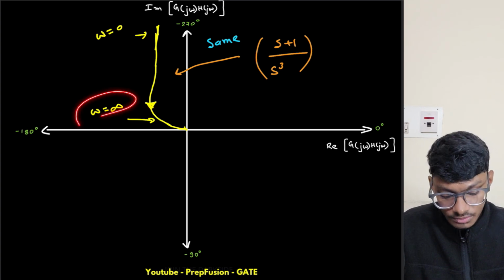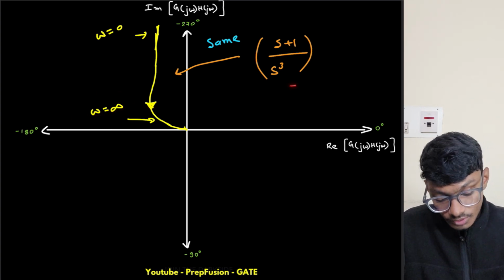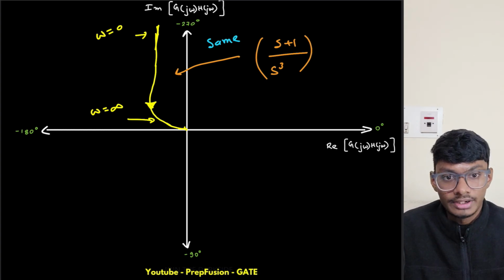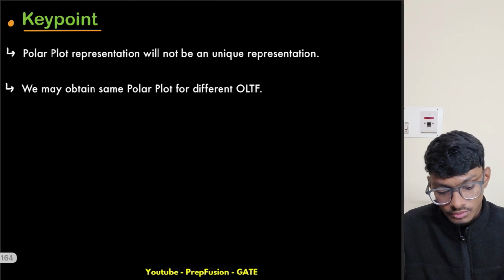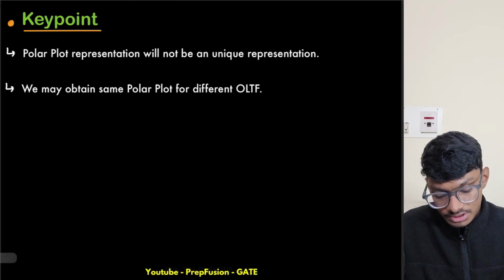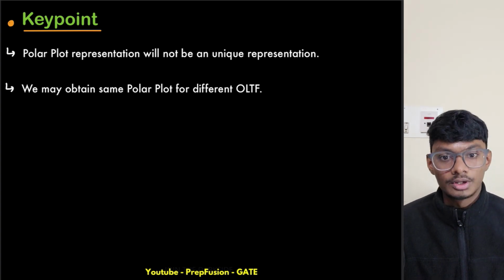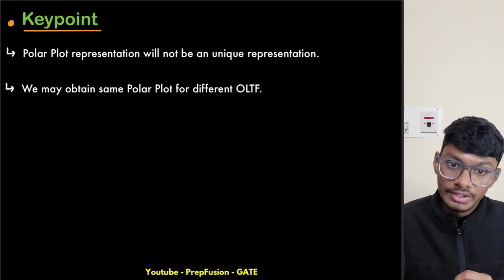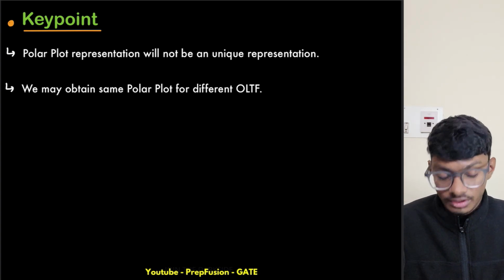For a minimum phase system and a non-minimum phase system, the polar plots can be the same. They can't be unique. So basically the polar plot representation will not be a unique representation, but it will be unique for a minimum phase system.